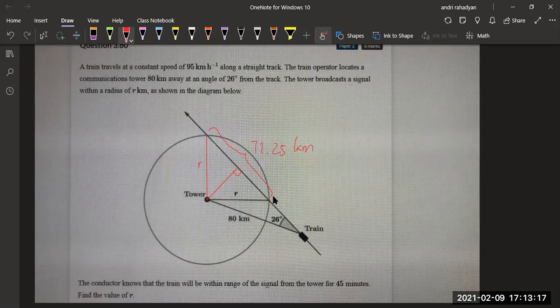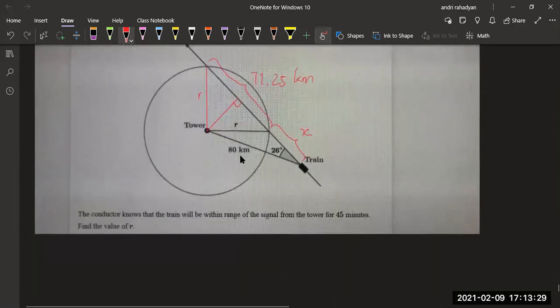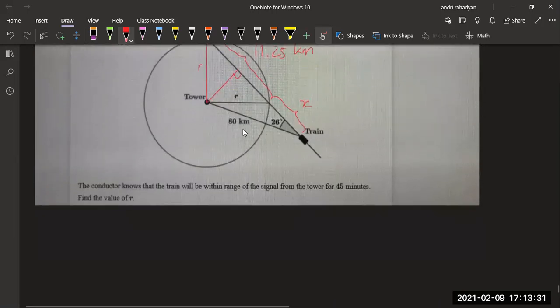So let's say this is X, and this one is Y. The height is Y.